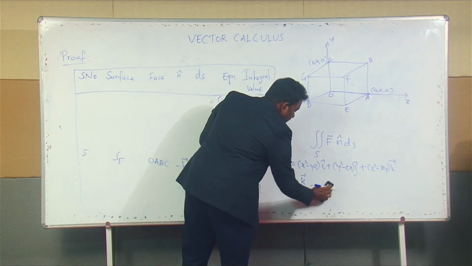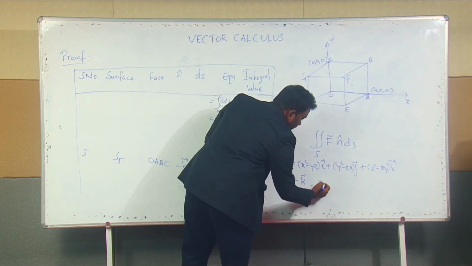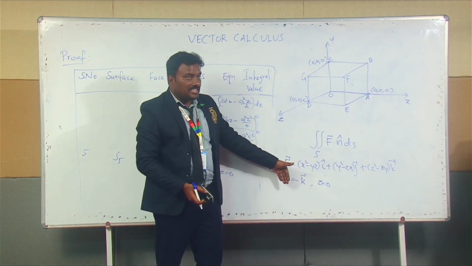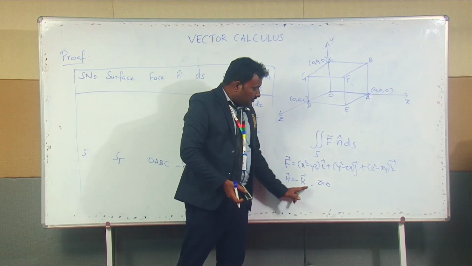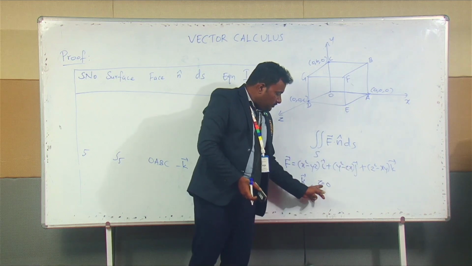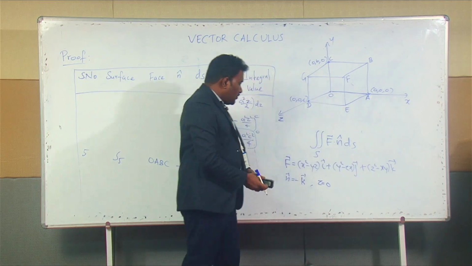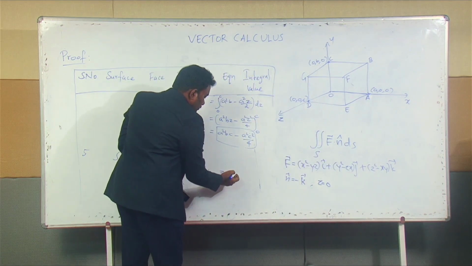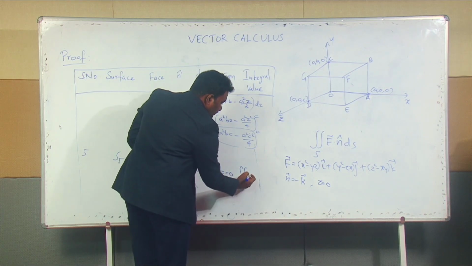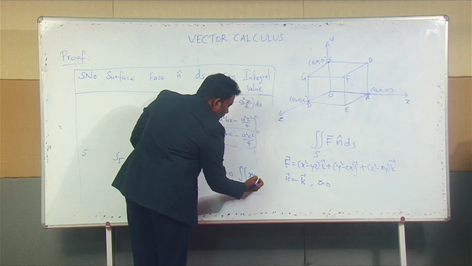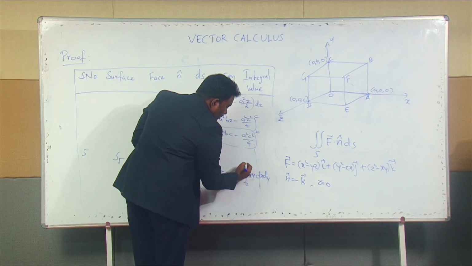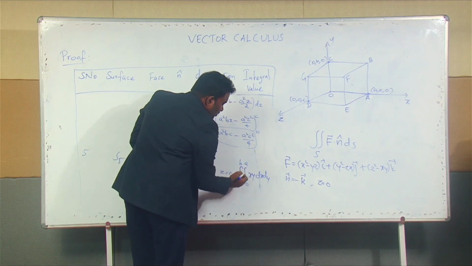and the equation is z equal to 0. So, when you start multiplying this f and n cap, we get the coefficients of k vector and k vector. So, other two terms will become 0, and also we replace z equal to 0 here. So, finally, we get the integral value as double integral xy and then dx dy from the limits of 0 to a and 0 to b.